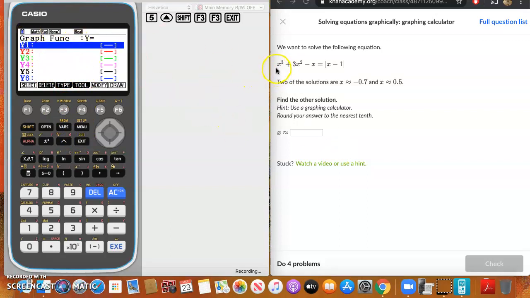Now, what we're going to do is type in the left side for y1 and the right side for y2. So this left side of the equation, x cubed plus 3x squared minus x, we're going to type in as y1. All right, so let's type it in.